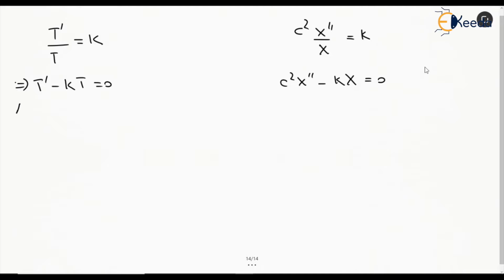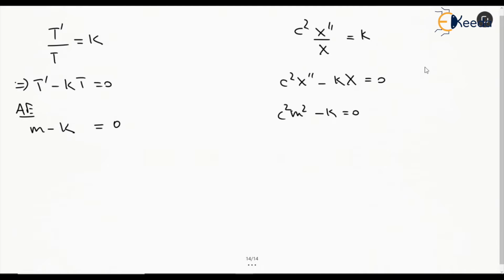So the auxiliary equations it will be forming are m - k = 0, and m²c² - k = 0.